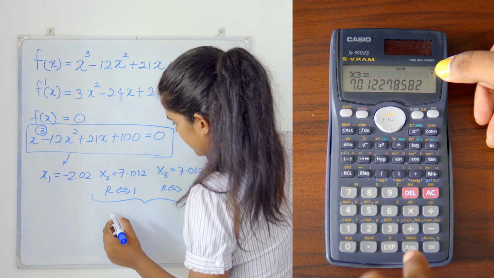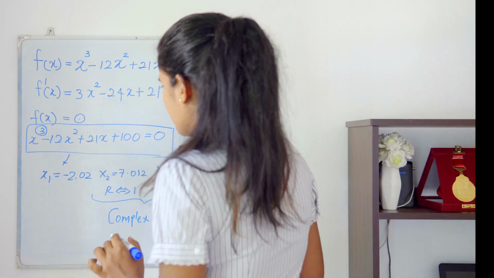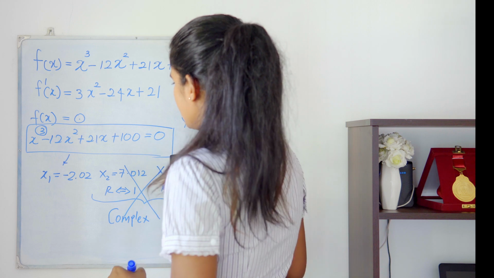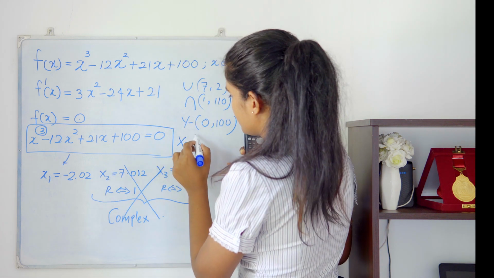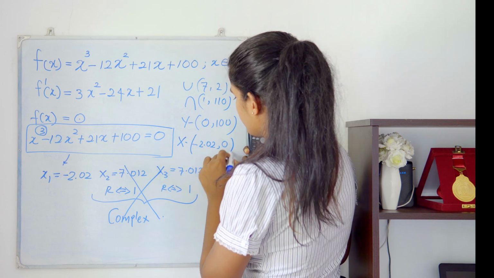So these are not real answers, they are complex. So I am not going to take these because these are complex answers. The intersection with the x-axis is (-2.02, 0).